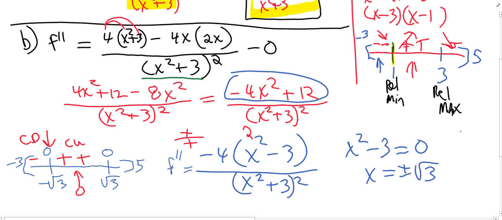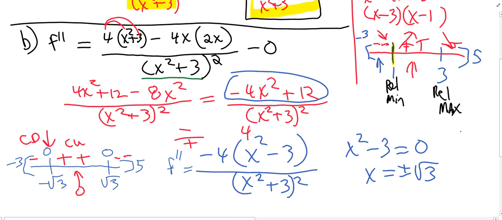You plug in 4, and you will get 16. 16 minus 3 is positive 13, times the negative is going to end up giving me a negative on top. Bottom's still always going to be positive, so it looks like it does have 2 points of inflection. And so the justification there is the second derivative of f of x is equal to 0 when x is negative square root of 3, and the second derivative changes sign from negative to positive there.